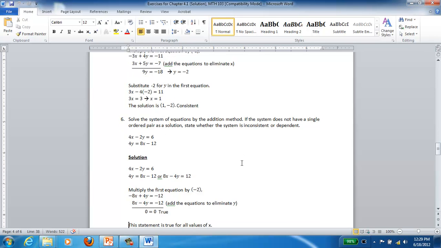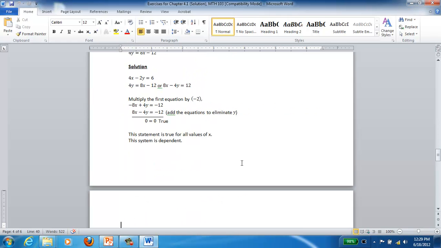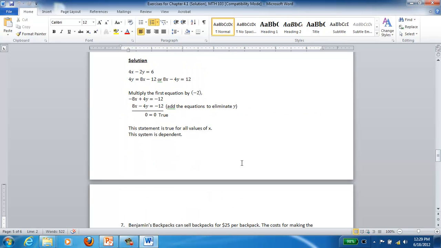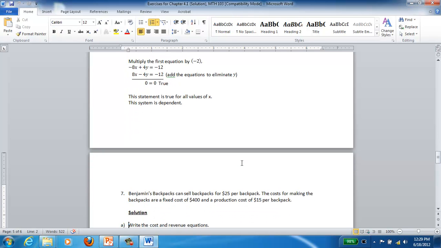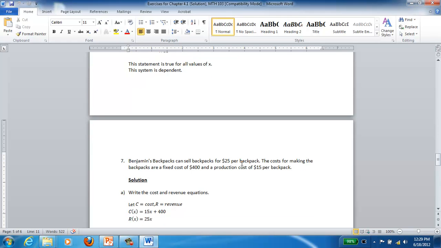This yields 0 equals 0 when we add the equations together, which, by the way, is a true statement, but that means that we have a dependent system, an infinite number of solutions. You can stop right there by identifying the fact that we have a dependent system.